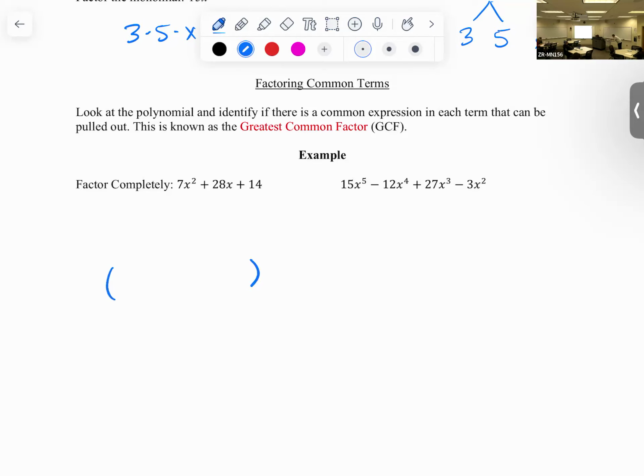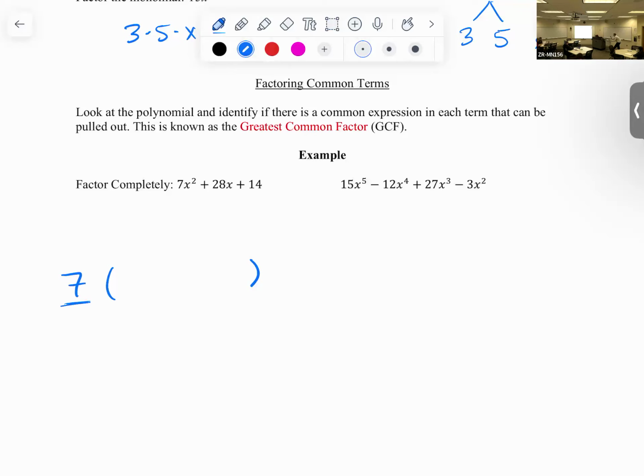I want to identify basically, I'm still going to have something and it's still going to have 3 pieces remaining. But this term right here, what does all of this have in common? 7, well done, all right? The greatest common factor, okay? So start with the largest number it all has in common.